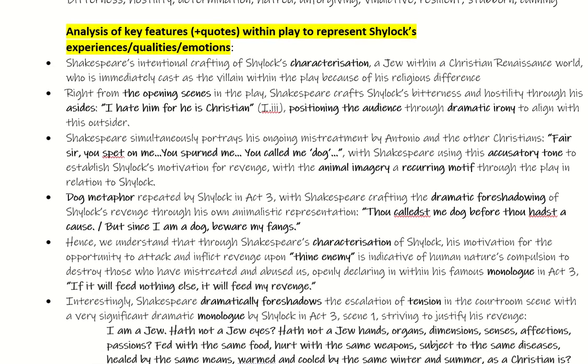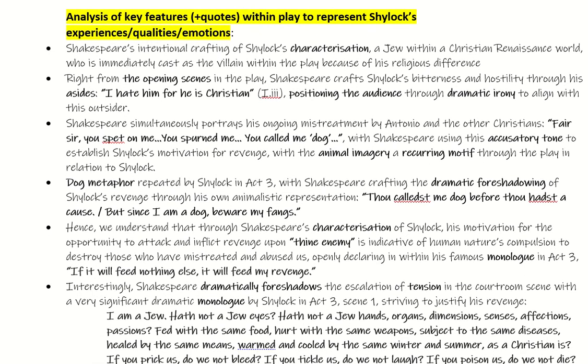Then what you do, very importantly, is go here to your analysis of the key features and support that with quotes from the play that represent some of the experiences that you've identified associated with Shylock's character. So what I've got there quite obviously for you, and I'm not going to read through all of them, is some of the key examples from the play that you can connect to Shylock.